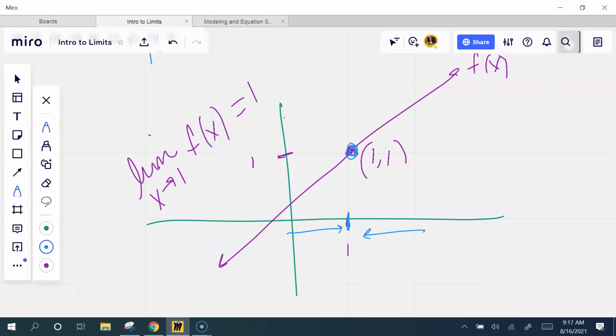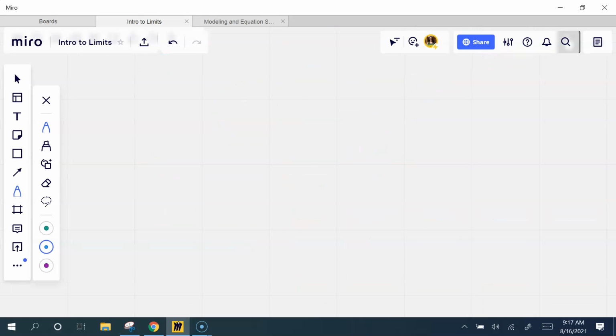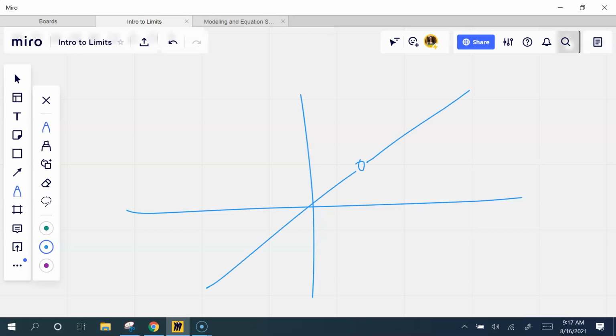But not necessarily. What if it looked like this? Same line, but now I have a hole at 1. This is still 1, 1. Let's say this point is 1, 3. So my function is defined at 1, but that's not the limit as x goes to 1.